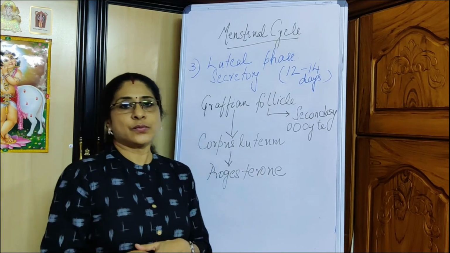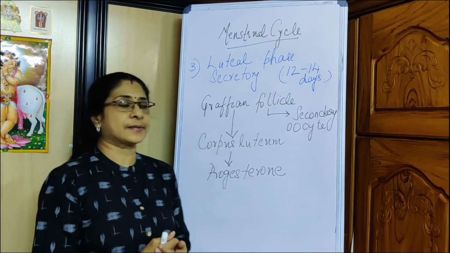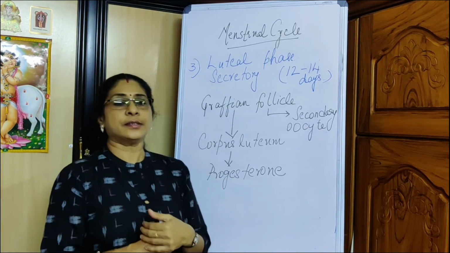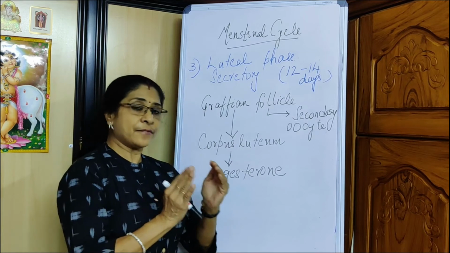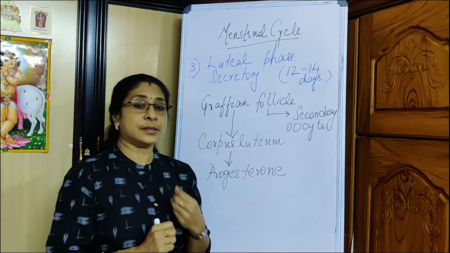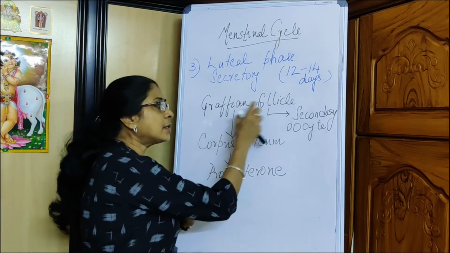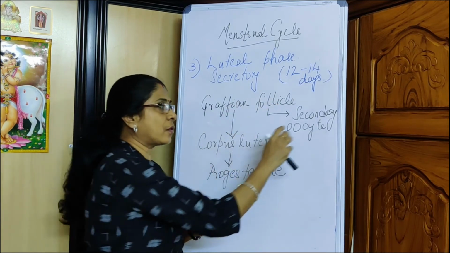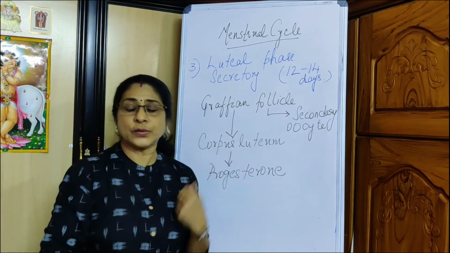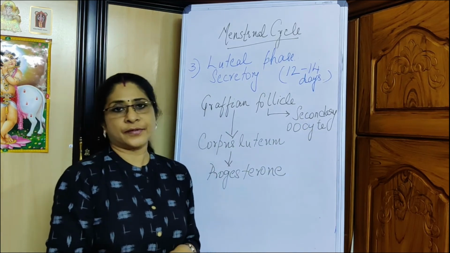Let us now discuss what happens during the luteal phase. Remember, in the previous phase, that is the ovulatory phase, there is the rupture of the Graafian follicle, and the rupture of the Graafian follicle releases the secondary oocyte. What happens to this Graafian follicle?